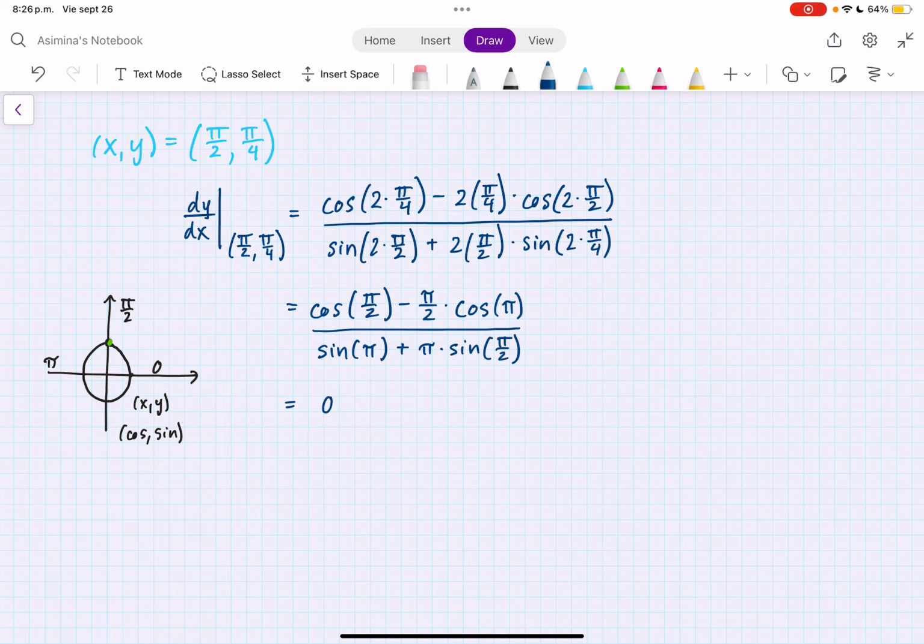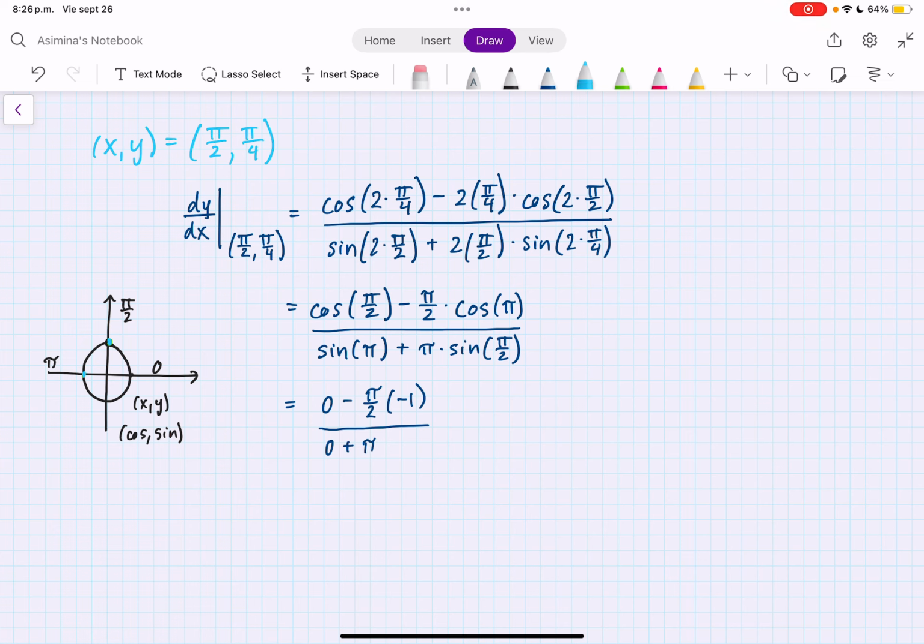So this is 0 minus pi over 2 times cosine of pi, and cosine of pi is minus 1. Now sine of pi, we're at this point again, but we're looking for sine. Sine is 0, plus pi times sine of pi over 2.